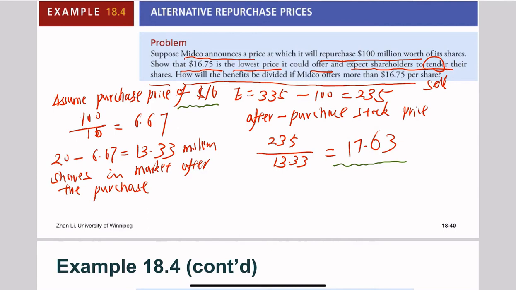So the best option for them is to just wait. If other shareholders are willing to sell their shares at $16, if you wait, you will get this higher price. Obviously, every shareholder will want to wait. So in the end, no shareholder will want to sell shares to the firm at $16.